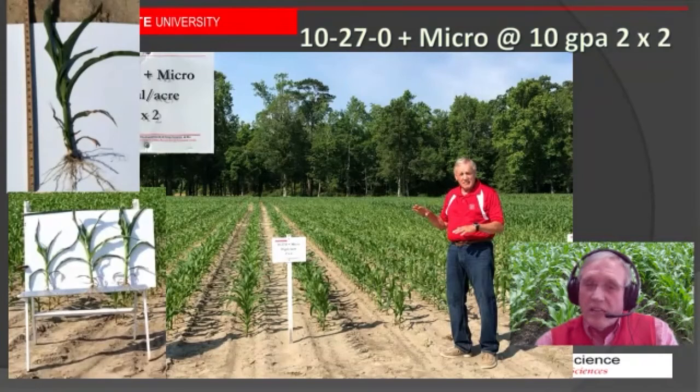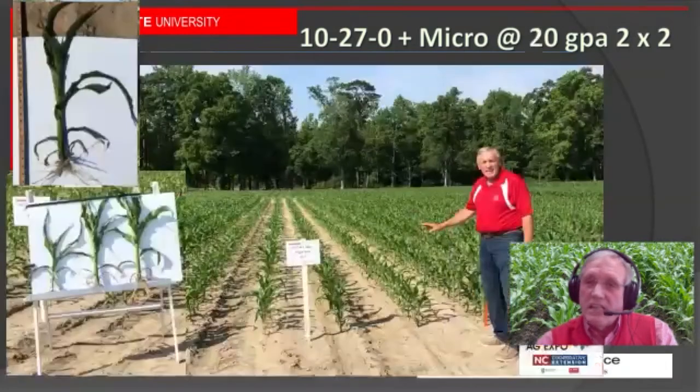They're a little shorter. The plant from this 10-gallon 2x2 is in the middle, the 3x2x2 is on the right there, and of course the no starter is on the left. Certainly, we enhance this growth a little bit, but we're not having the same effect. We're not getting as much fertilizer to that root as quickly by having it just on one side.